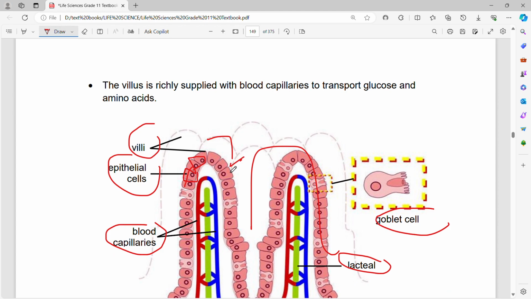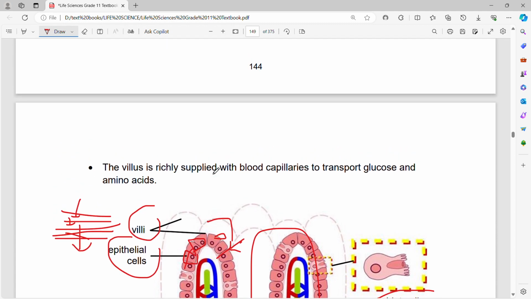So for the food particles being absorbed, for example amino acids, they only have to pass through this wall. They don't have layers of wall. It would take time to pass through different levels of wall, right? So this only has the single layer.